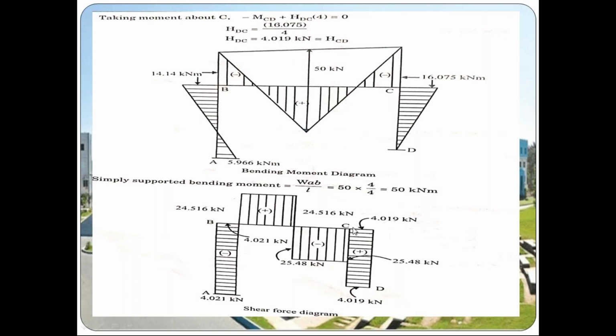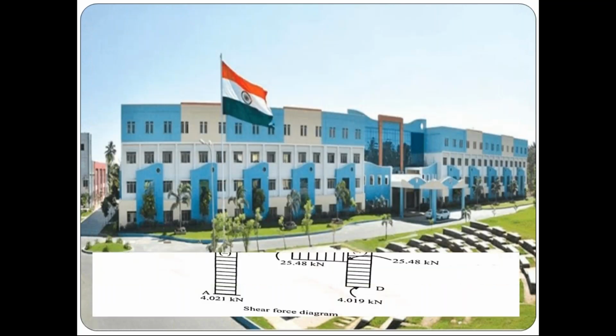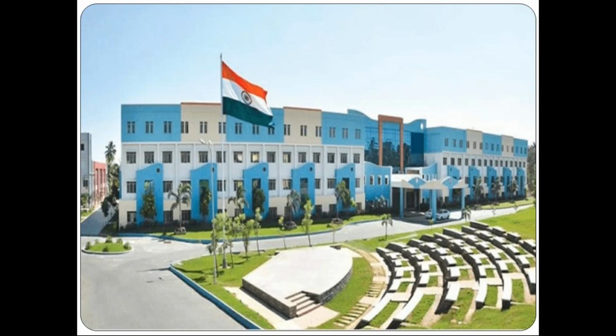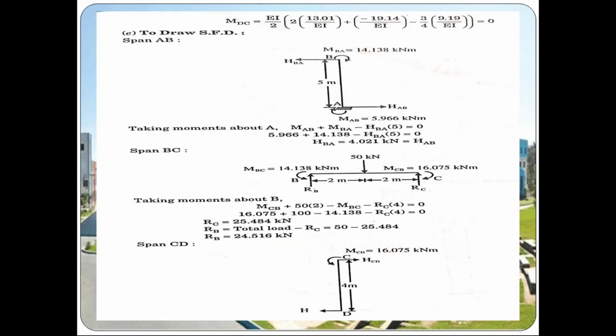Next, span CD. In span CD we have only the reactional forces. At joint C we have a horizontal force, and at joint D we have a horizontal force acting towards the left side.